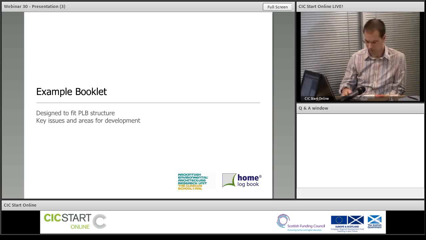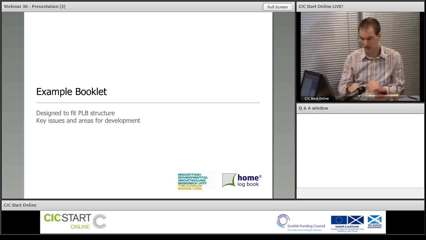But we also wanted to make sure it fit the Home Logbook structure. And yeah, there's a typo on that sheet. That's the Home Logbook structure, and that it was easy for the 2 development partners to give us the information and to assemble this guidance.